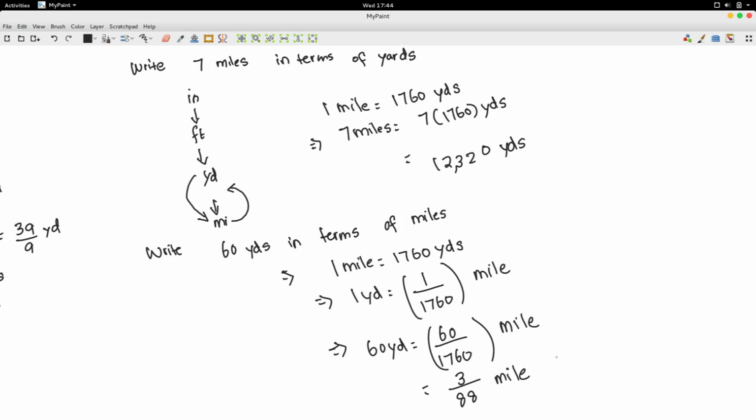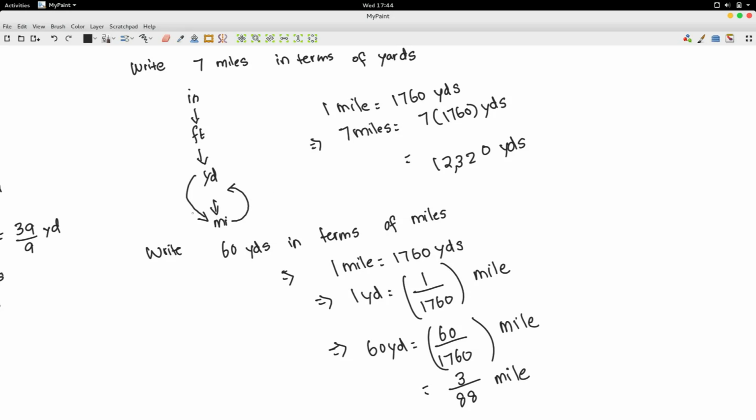So, as a general rule of thumb, if we go from miles to yards, from a bigger unit of measurement to a smaller unit of measurement, it would usually involve a direct multiplication, such as this: 7 miles equals 7 times 1760 yards. You could use it directly from the formula that we wrote at the beginning of this video.